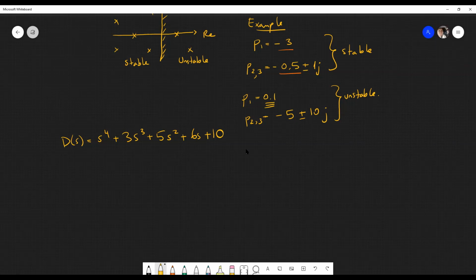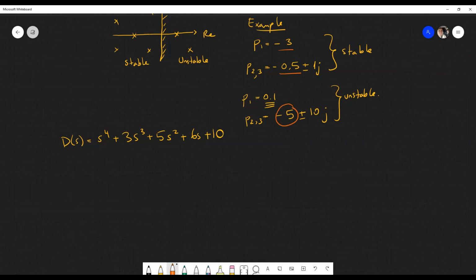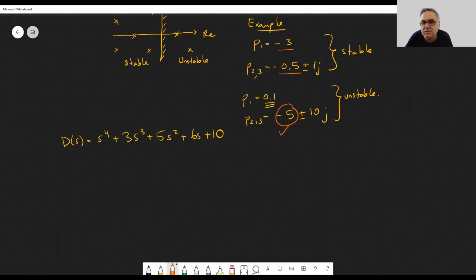In the unstable part, why is P23 equals -5 unstable? I just made them up. There is no reason. No, but Hocam, if it's negative, shouldn't... As long as it's negative, it's okay. But it's negative here. No, but isn't negative for stable? Negative is for stable, yes.